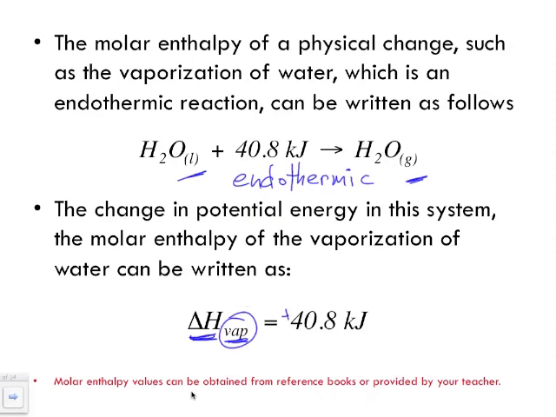Now, molar enthalpy values can be obtained from reference books or provided by your teacher. So how did we know about this right here? Well, maybe you might be calculating it, but you'll have to be given other information, of course. Most of the time, these numbers will be provided for you in some reference book, maybe in the appendix section of your textbook. So they're not values that you have to memorize.